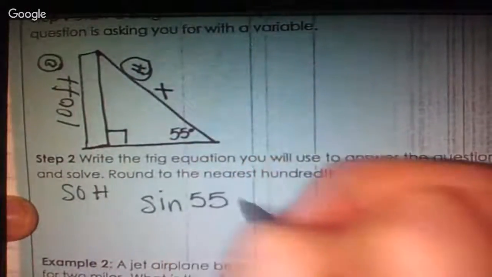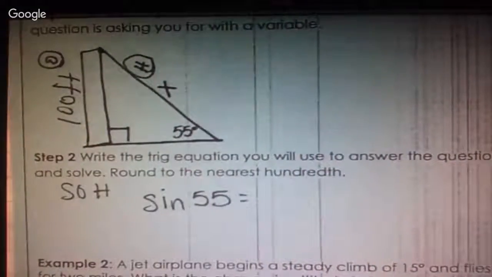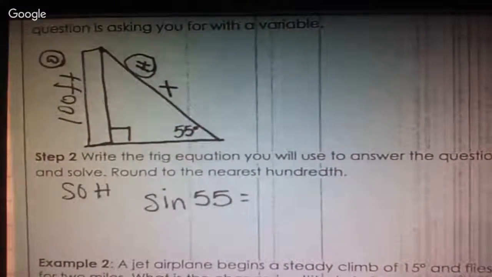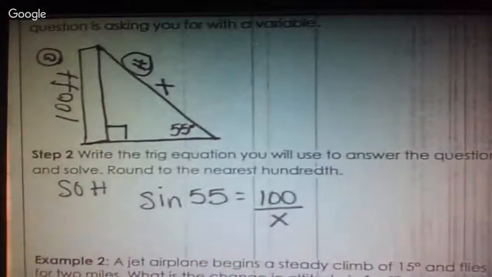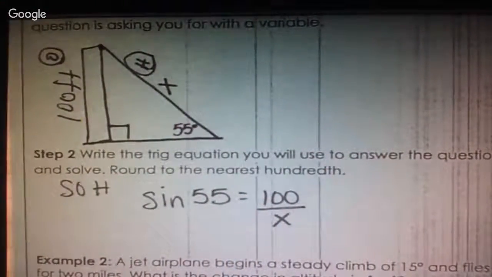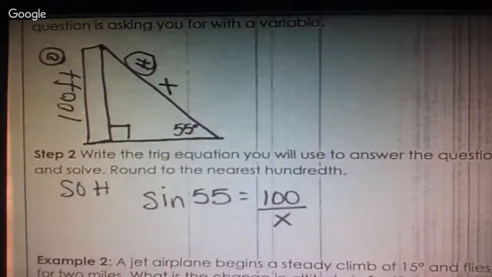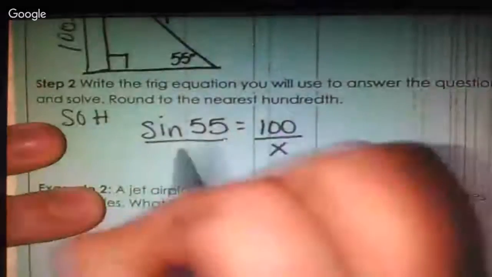S-O-H. So that means we have sine of my angle, 55, equals 100 over X. When you're solving for a side, we must cross multiply. So we put this over 1.